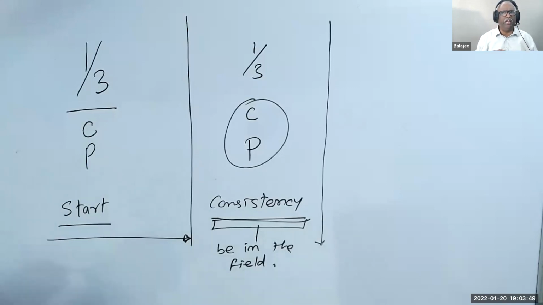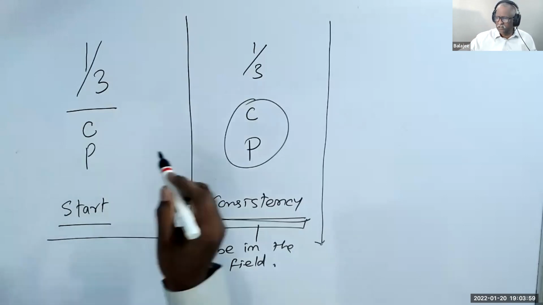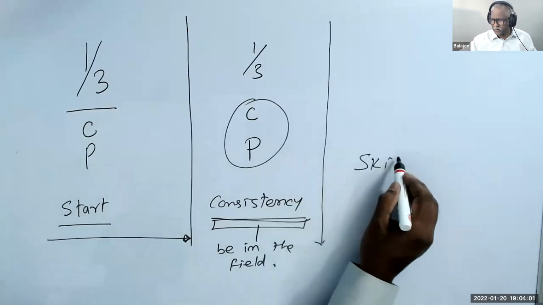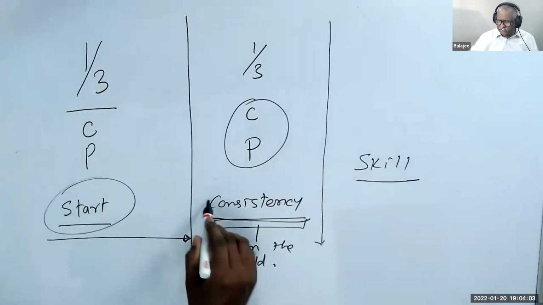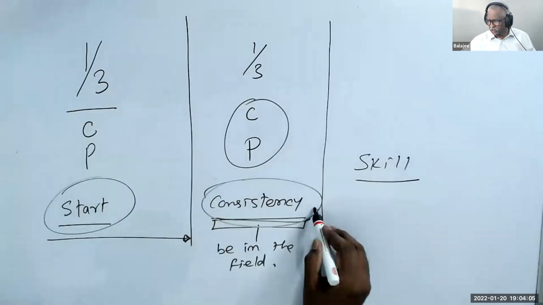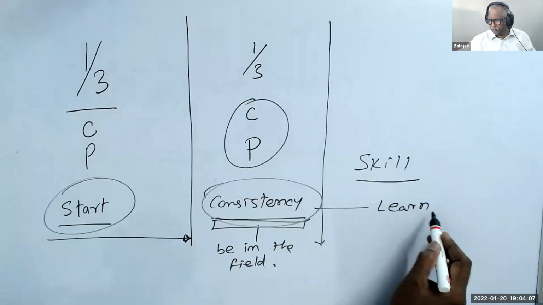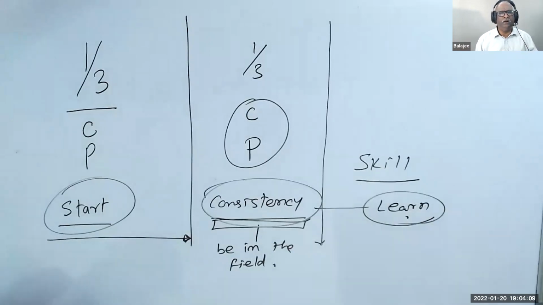Your only problem is you're trying to learn. You never try to learn anything else, but you try to learn this. But it is a skill, please understand the power of skill. The power of skill is this: start and consistency. You will automatically learn. You don't know the power of learning skill.